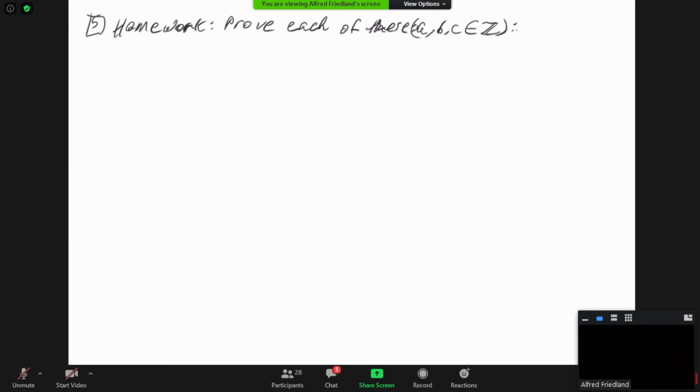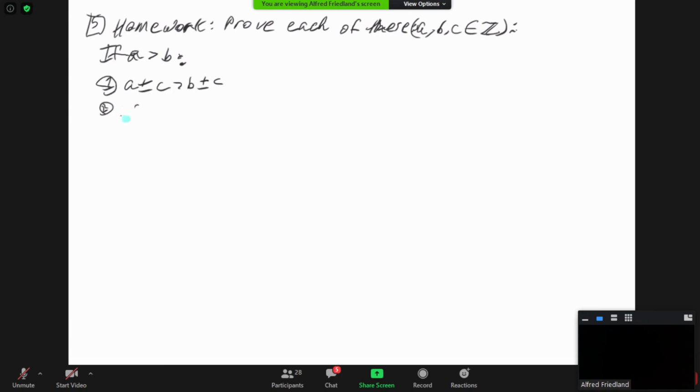So prove each of these where A, B, and C are integers. If A is bigger than B, show that A plus C and A minus C is bigger than B plus C and minus C. So you do those separately. And show that, why don't we do this?